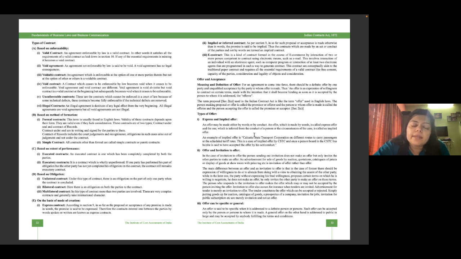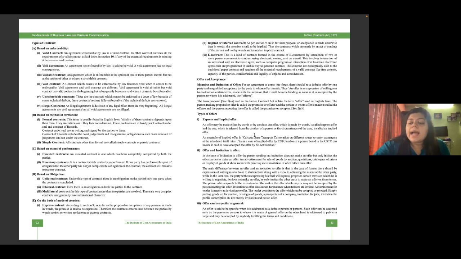Whereas voidable agreements are those whereby there is a breach or there is no knowledge of the other party with respect to a contract which is being performed. Now that amounts to the voidability. And then finally we talk about voidable contracts.